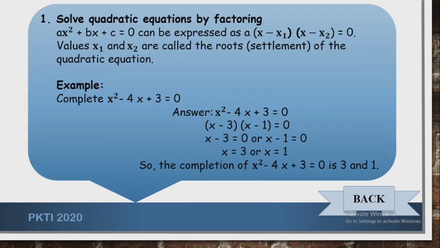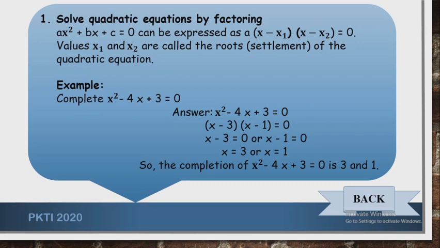ax² + bx + c = 0 can be expressed as a(x - x1)(x - x2) = 0. The values x1 and x2 are called the roots of the quadratic equation. For example, solve x² - 4x + 3 = 0.